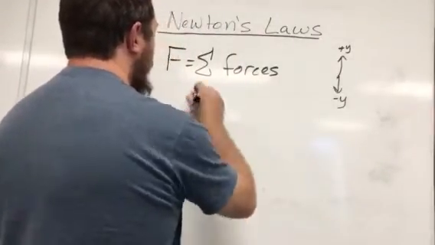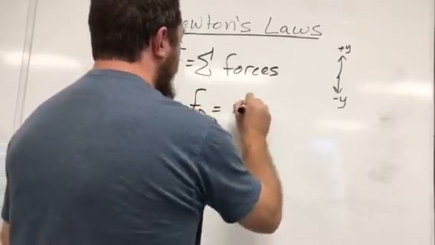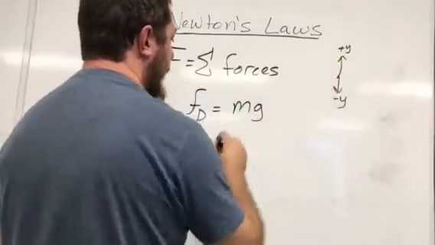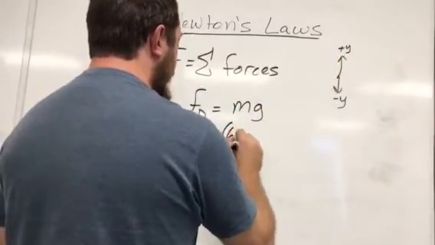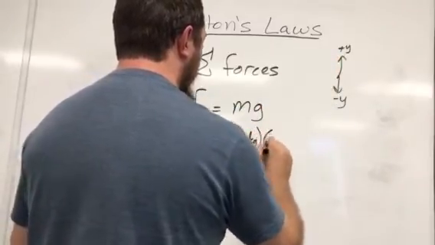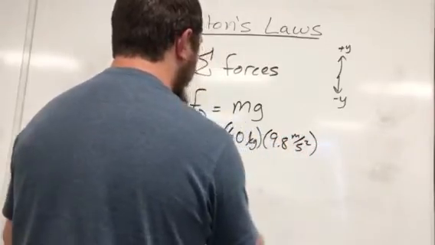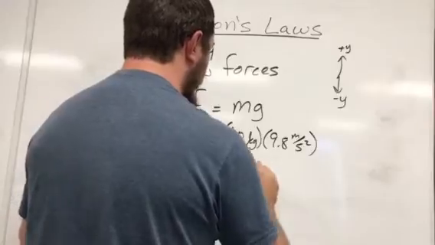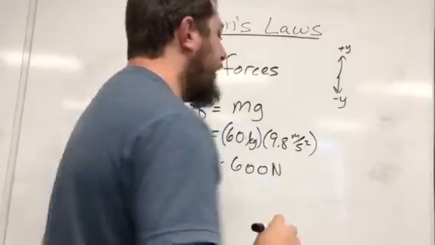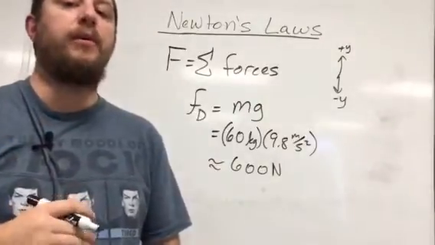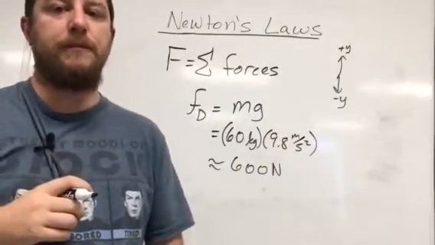So the magnitude of my force equals mg, and the direction is supplied by my coordinate system. Then this is going to be 60 kilograms times 9.8 meters per second squared, and this is going to be very close to 600 newtons. So the drag force carrying the object upward is going to be very close to 600 newtons.